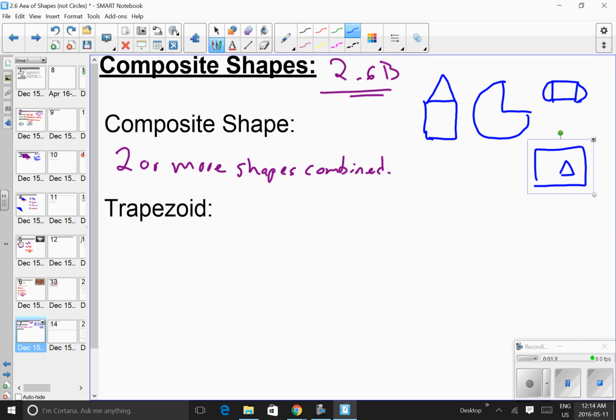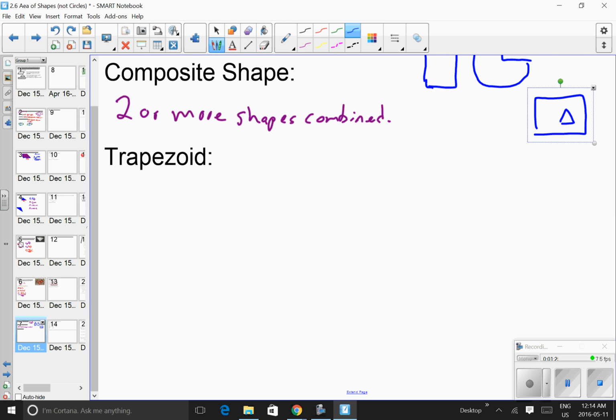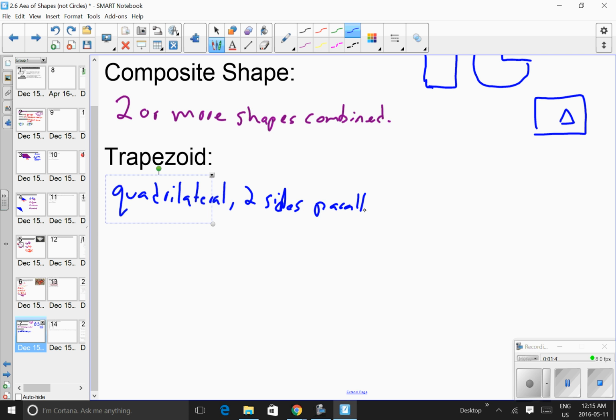So while we're on the topic, I want to talk about trapezoids. Just as a reminder, a trapezoid is a quadrilateral that has two sides parallel and two sides not.